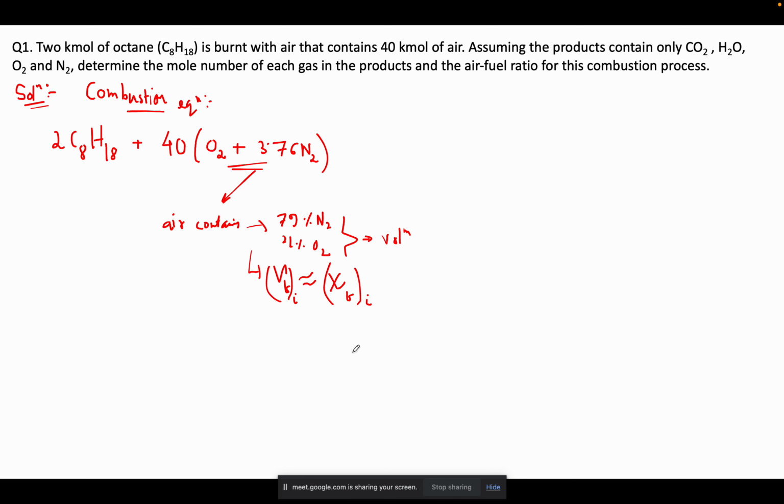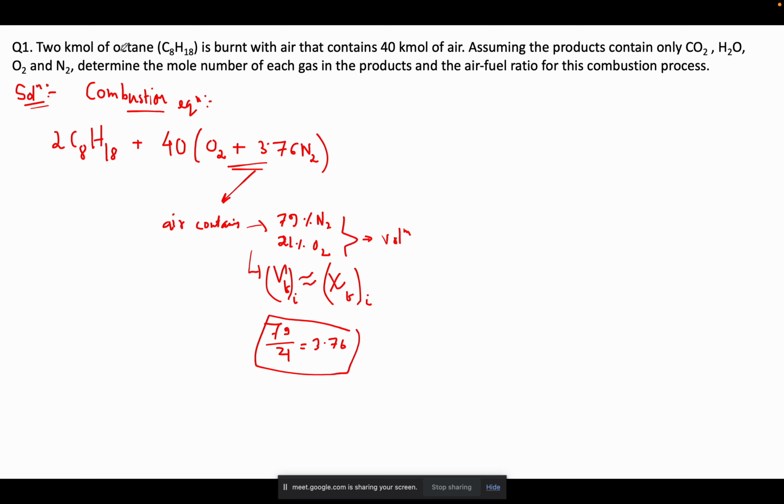Okay, so that means if there are 21 moles of oxygen, then there are 79 moles of nitrogen. So that means if there is 1 mole of oxygen, this will be basically 79 divided by 21, that is equal to 3.76. Okay, so this came from here. Okay, so this is the reactant side.